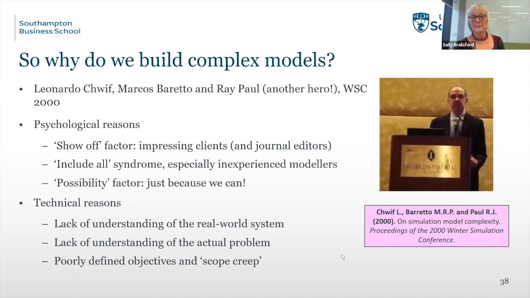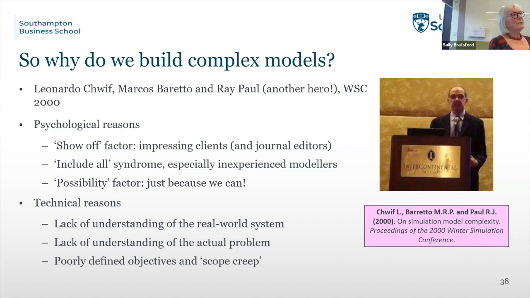So another of my heroes, Ray Paul, had a winter sim paper which was looking at the reasons why people build complex models, which were sort of two types. They were partly to show off, particularly to clients, but also journal editors. There's also a thing they call the include all syndrome, which I think we've all had, where you want to include everything, particularly, I think, working in healthcare, when you talk to clinicians and they say, well, you have to include this and this and this and this because we know these factors are important.